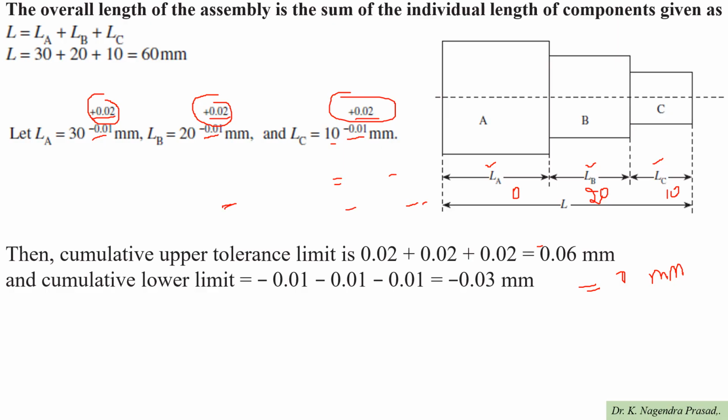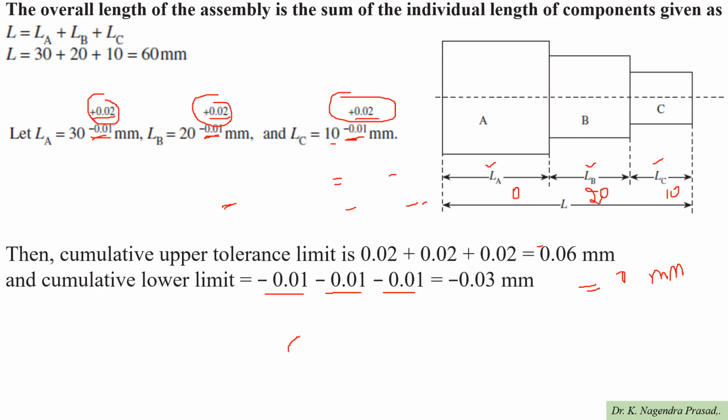Similarly, the cumulative lower limit is minus 0.01 minus 0.01 minus 0.01, which is minus 0.03.